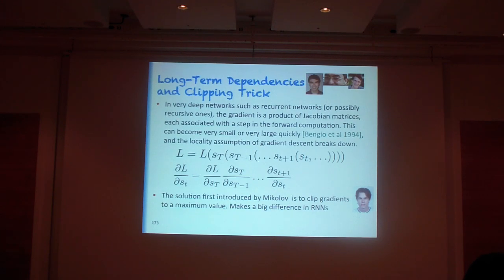And the difficulty is that if you look at the gradient with respect to some internal state, like you can think of this as units at stage t in a very deep net, or at time t in a recurrent net, you can decompose it as the product of a bunch of Jacobian matrices. Jacobians are matrices of derivatives, where each of them tells you how the state at time t plus 1 relates to the state at the previous time step.